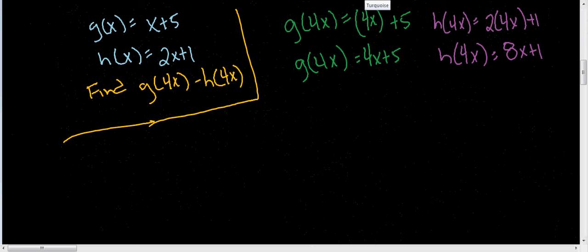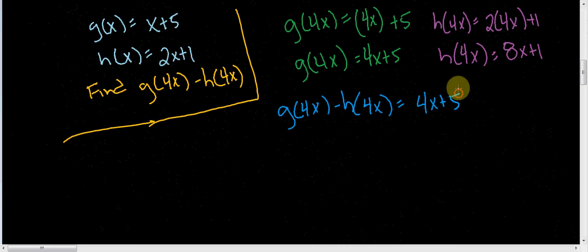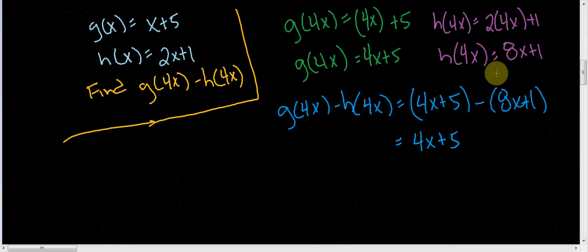And now let's actually answer our question. So let's see, we'll use blue, why not? If I want to find g of 4x minus h of 4x, g of 4x is 4x plus 5, minus sign because I'm subtracting. H of 4x is 8x plus 1, and so we have 4x plus 5. We actually have to distribute the negative sign.